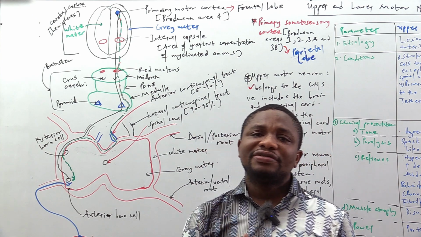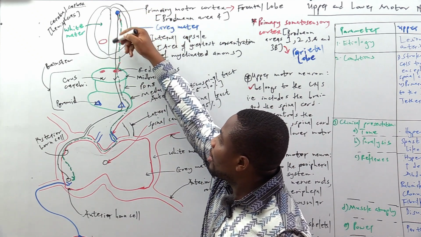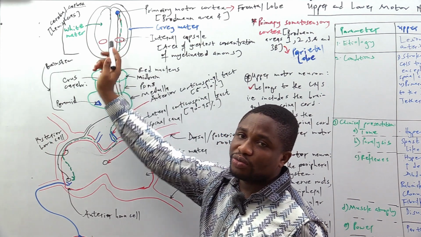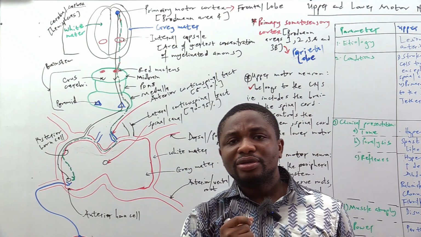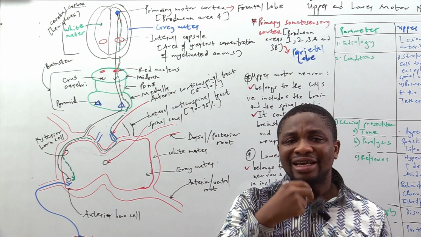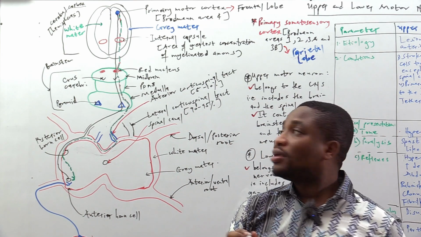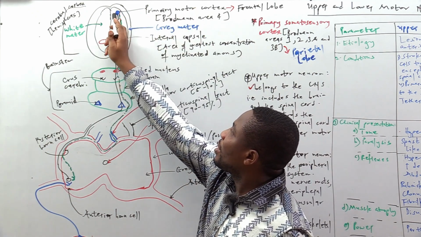A dominant left cerebral hemisphere. If you come down a bit, you have what we call the internal capsule. The internal capsule is that location in the cerebral cortex that has the highest amount of myelinated axons.